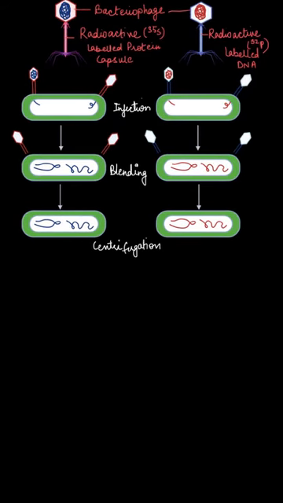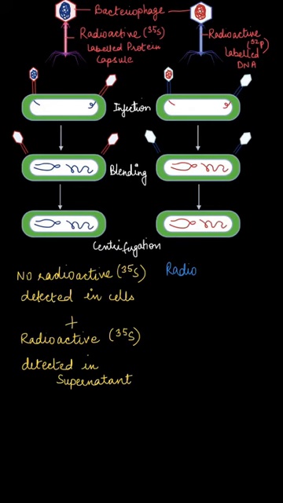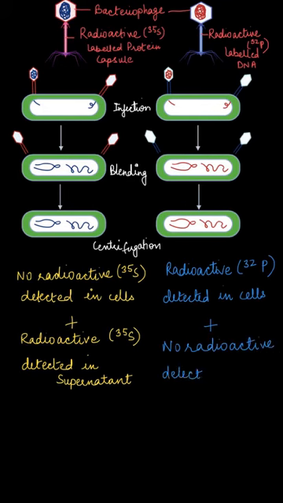Now, once centrifugation took place, the observations were that no radioactive 35S was detected in the cells, but radioactive 35S was detected in the supernatant in the first case, in which the protein capsule was radioactively labeled. So here in the supernatant, the radioactivity was seen. Whereas in the second case, the radioactive phosphorus was detected in the cells, but not in the supernatant.